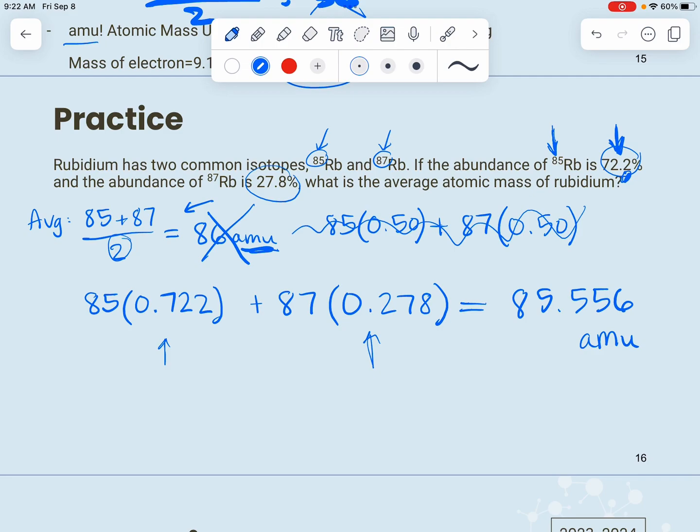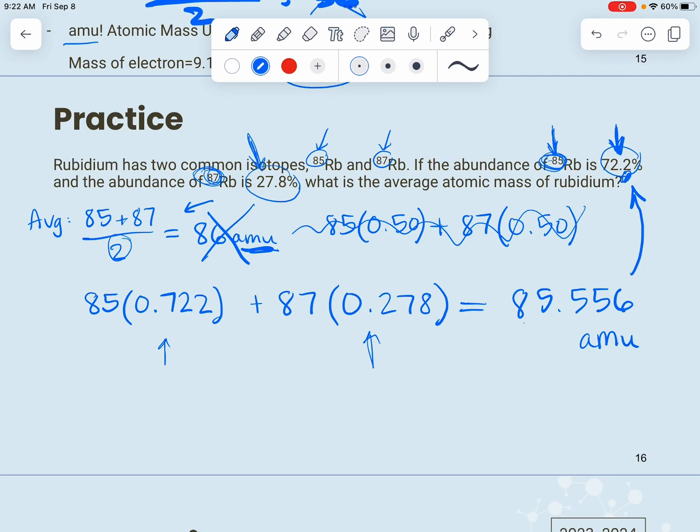But because we have this other existing mass of 87 that is somewhat abundant, we have to factor that in, okay? Notice that our final answer, 85.556, is closer to 85, closer to this rubidium, than it is to the 87 rubidium. And that's because this 85 is more abundant than the other.